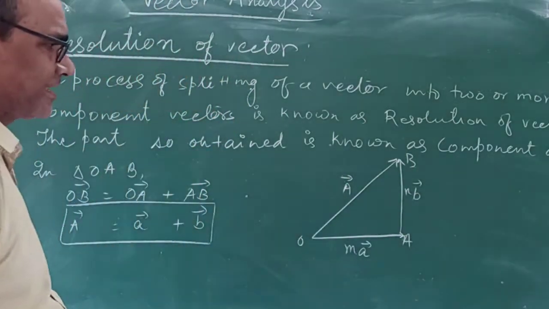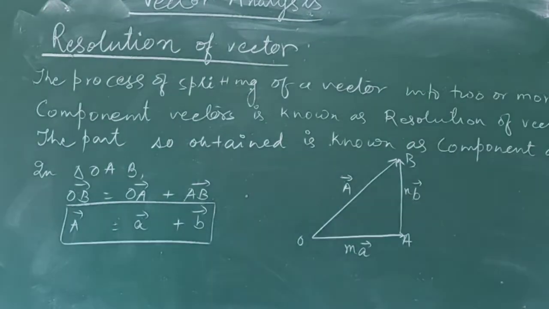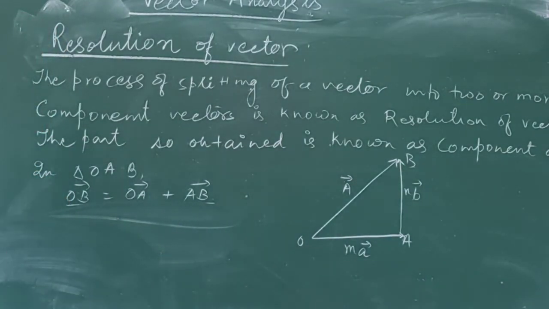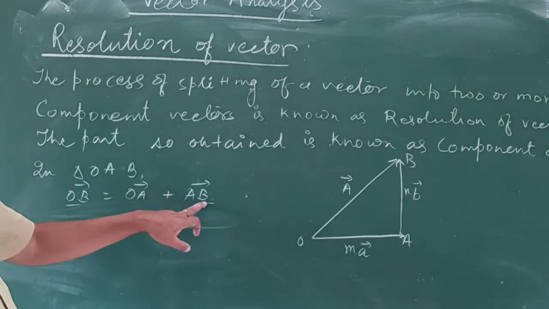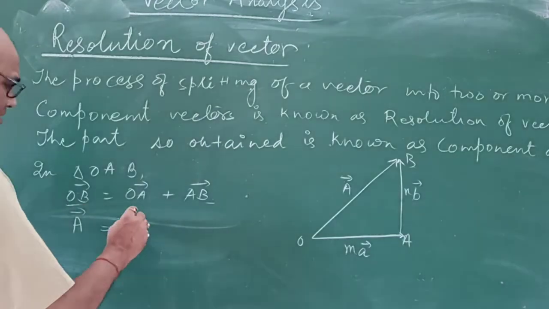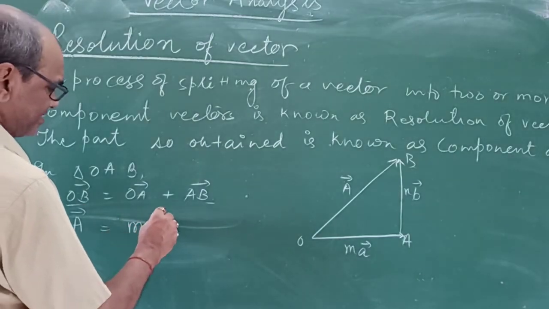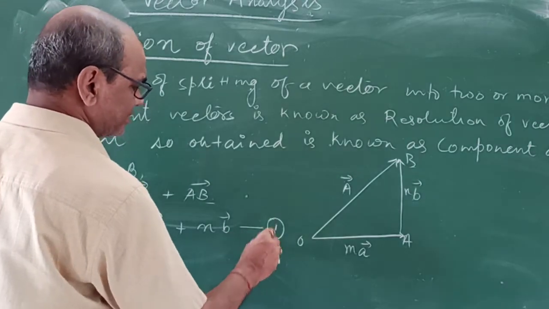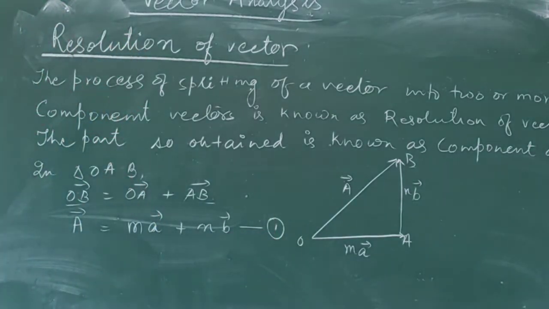Therefore, again in triangle OAB, OB is equal to OA plus AB. Therefore, vector A is equal to m times a plus n times b. Equation number 1.